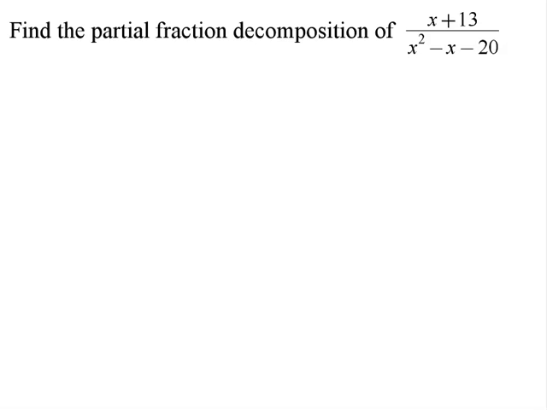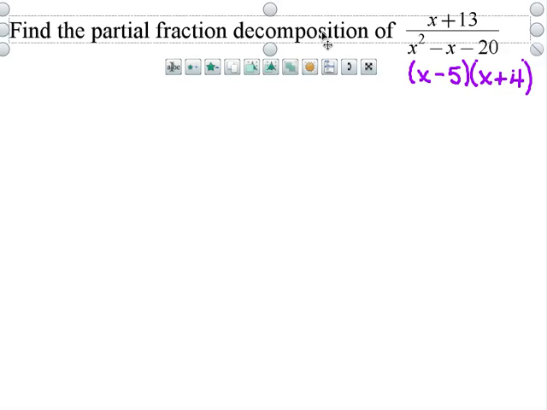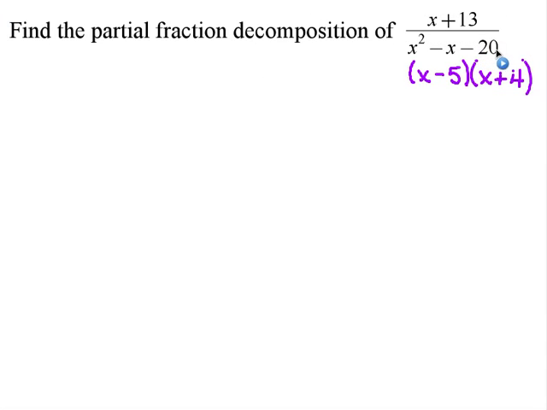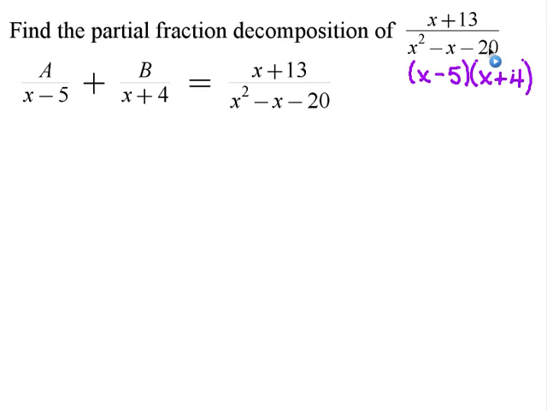What will that denominator factor to be? x minus 5, x plus 4. That's my very first step, just for my own information. Now I'm going to write this as two partial fractions.